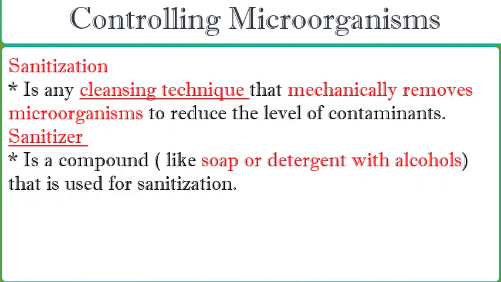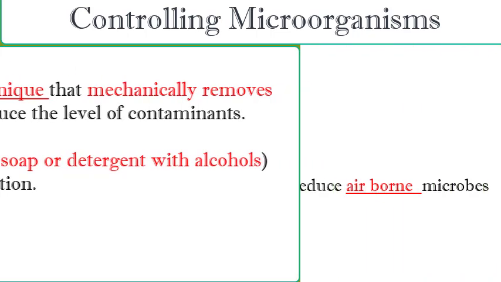Sanitization is any cleansing technique that mechanically removes microorganisms along with food debris to reduce the level of contaminants. A sanitizer is a compound like soap or detergent with alcohols that is used for sanitization.